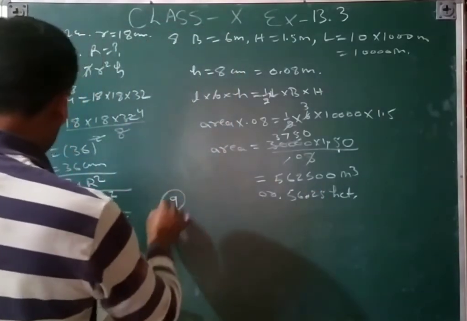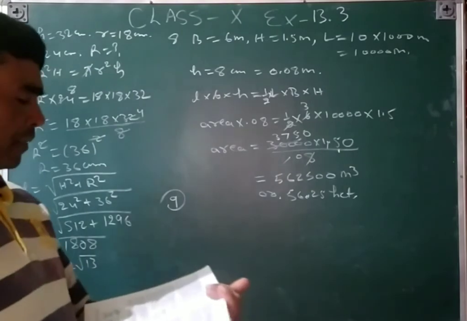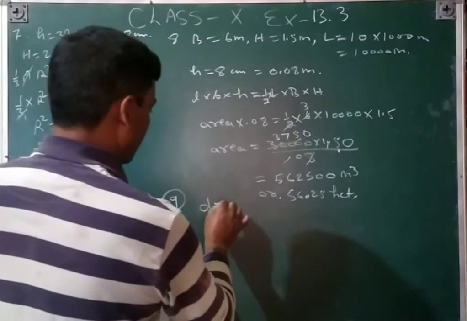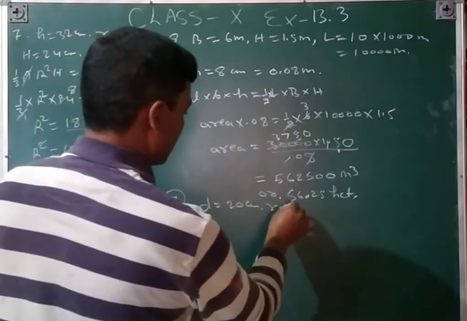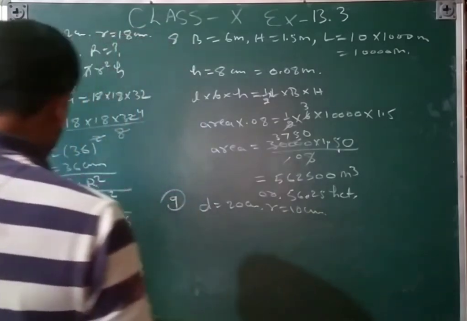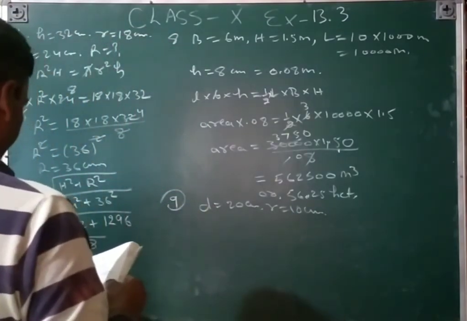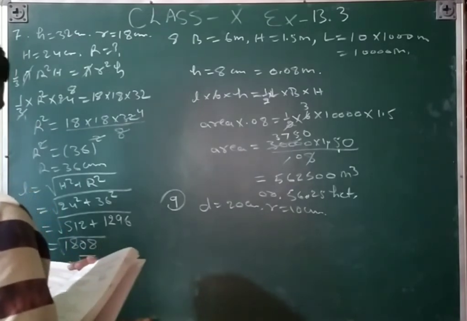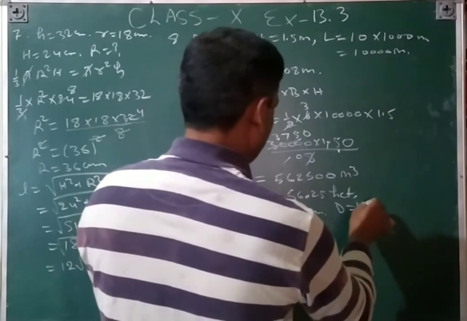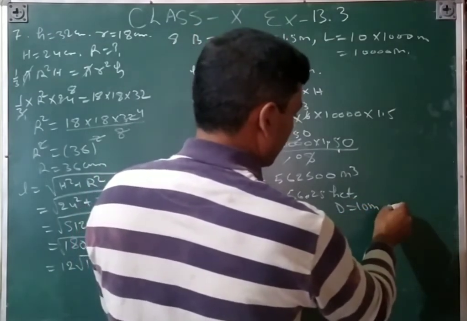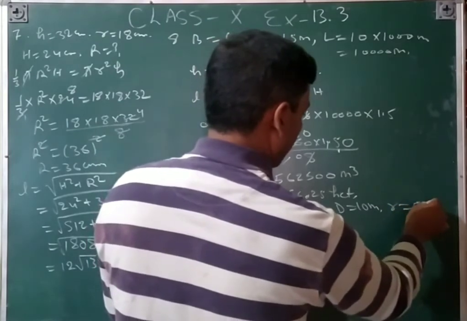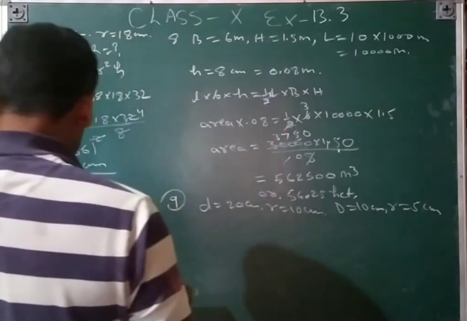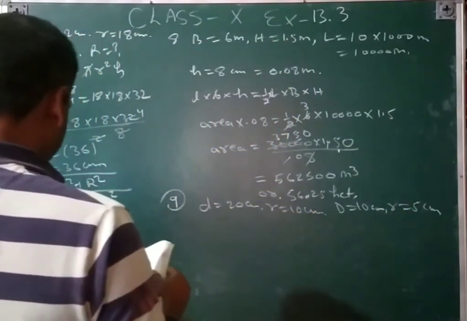Question number 9, that is the last question. A farmer connects a pipe of internal diameter 20 centimeter. Internal diameter is 20 centimeter, so R is equal to 10 centimeter. And then a cylinder tank, which is 10 meter in diameter, and the height is 2 meter.